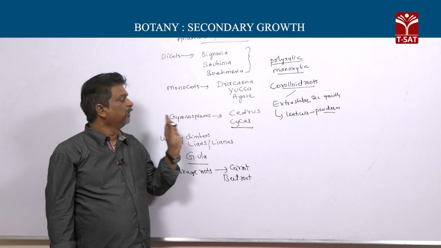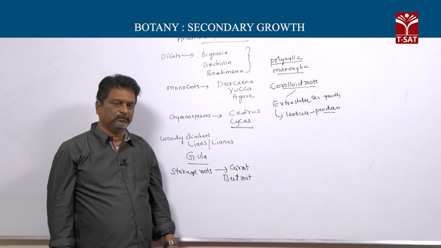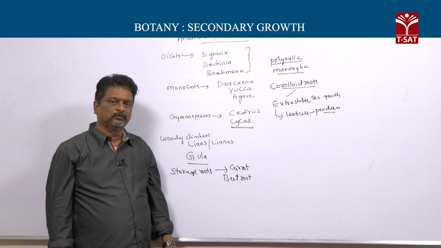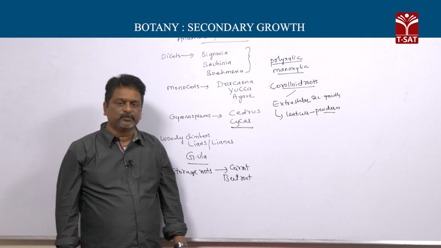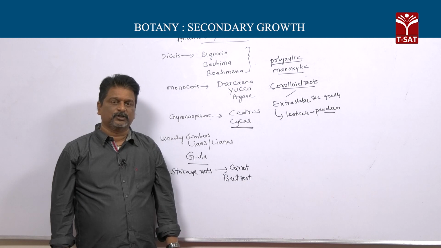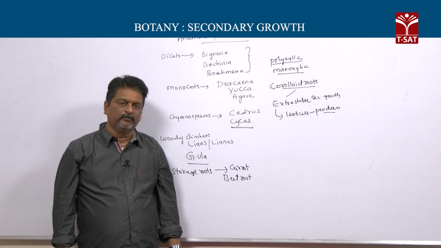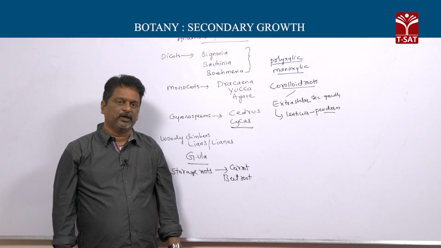So finally, dicot root and dicot stem both show secondary growth. That too, two types of secondary growth, intrastellar and extrastellar, with small differences. In a dicot stem, vascular cambium is partly primary, that is intrafascicular, and partly secondary, that is interfascicular.